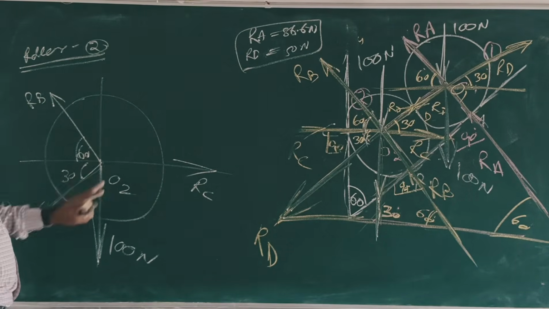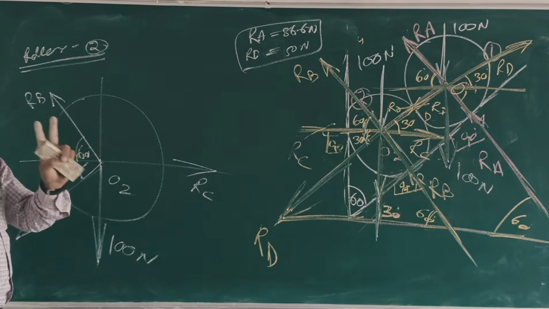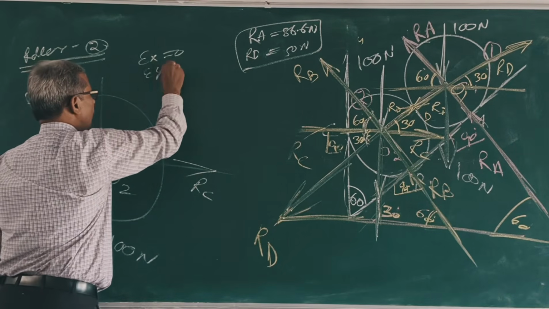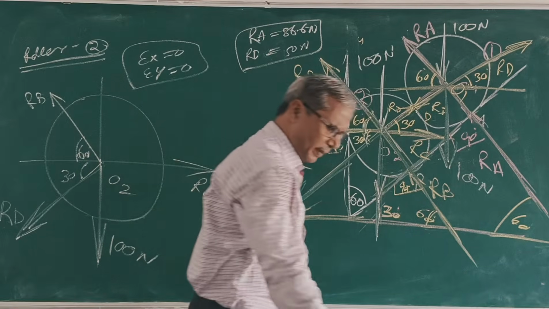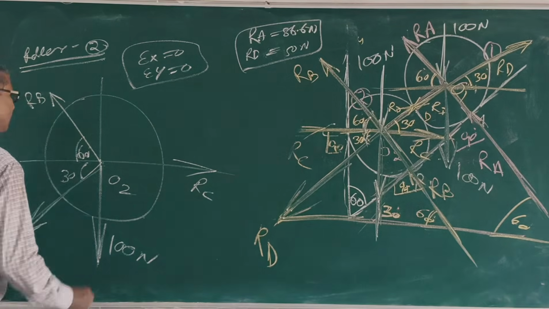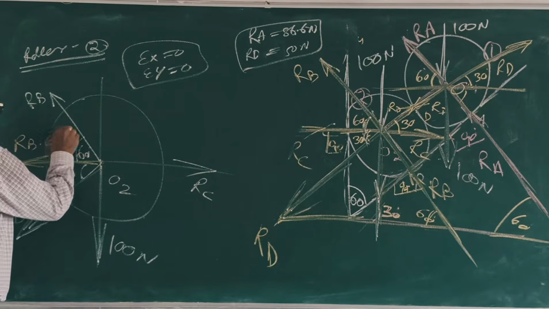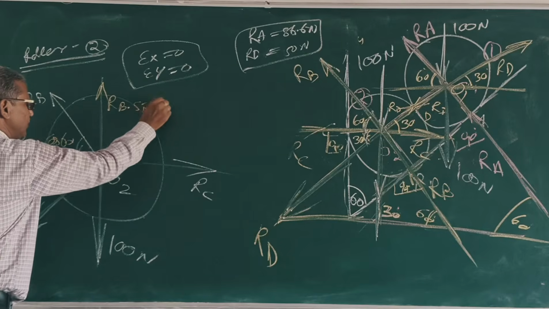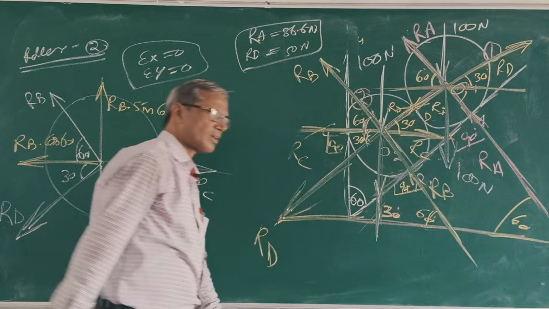Now you can find RB and RC by using sigma x is 0 and sigma y is 0. Clear? So two unknowns can be found by using two equations. Resolve. This RB, what is this force? RB cos 60. What is this force? RB sin 60. Clear? This is RD.